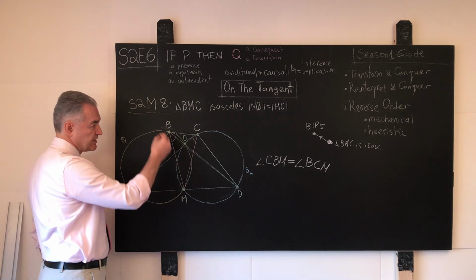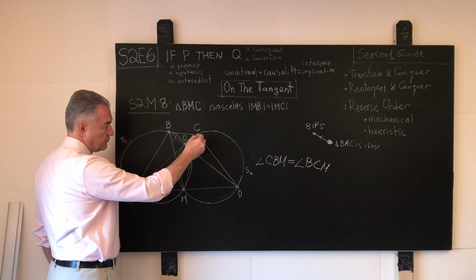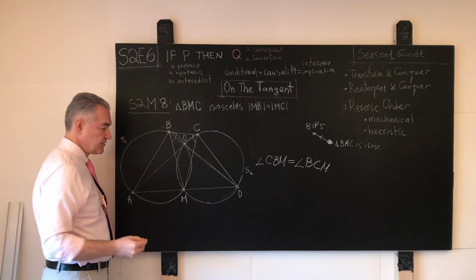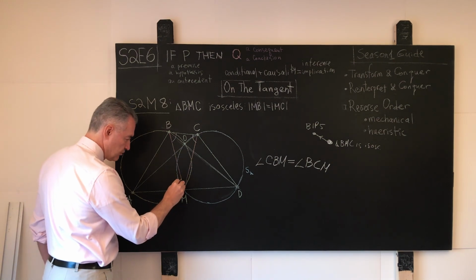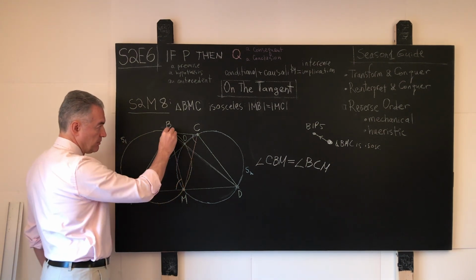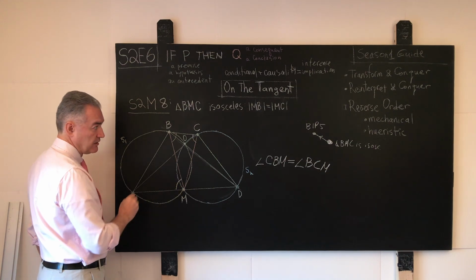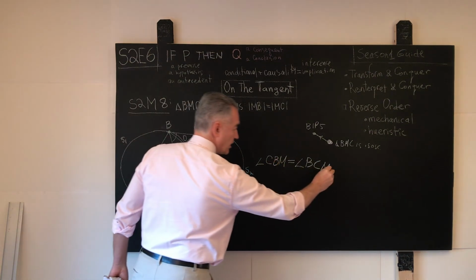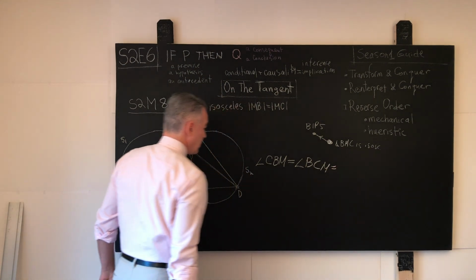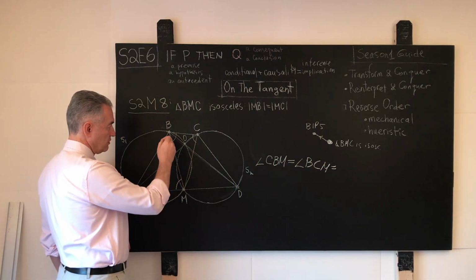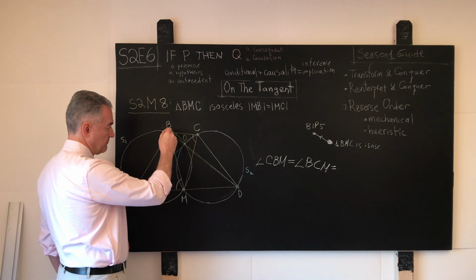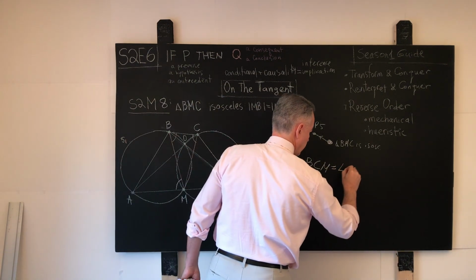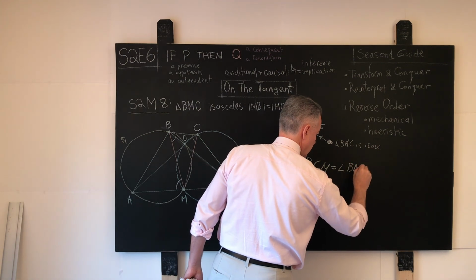In other words, in this case, the angle, for example, CBM by magnitude must be equal to the magnitude of this angle, BMA. So the angle CBM, we keep writing it down, must be equal to the magnitude of the angle BMA.